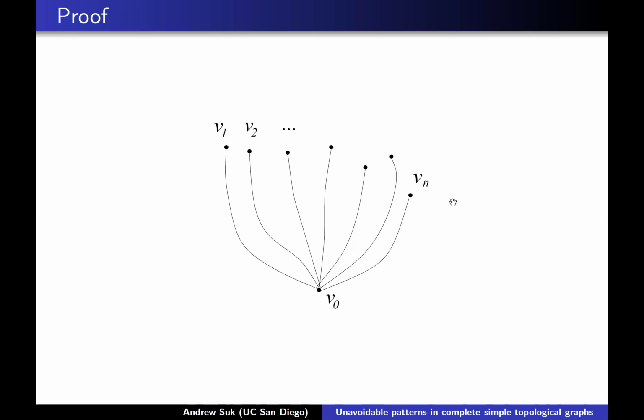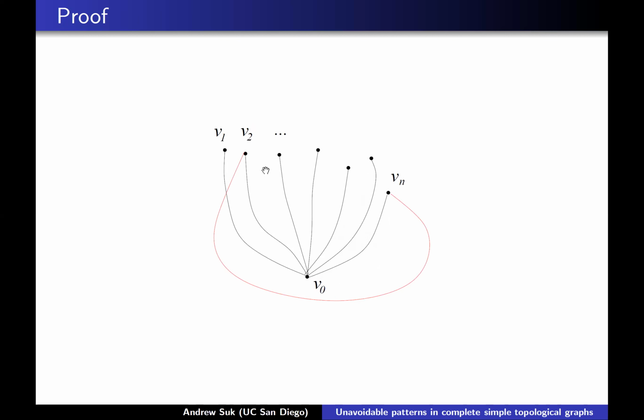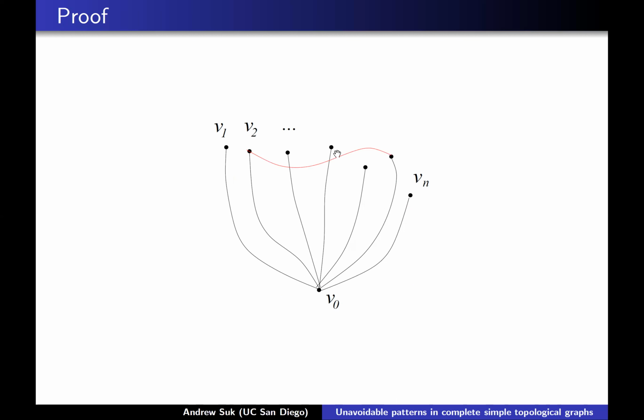So let's say I have n plus 1 vertices. I can order them V1 to Vn. No edge will kind of wrap around in this direction because we know that V0 is on the unbounded face. And so we know that basically the edges between these vertices are up here.